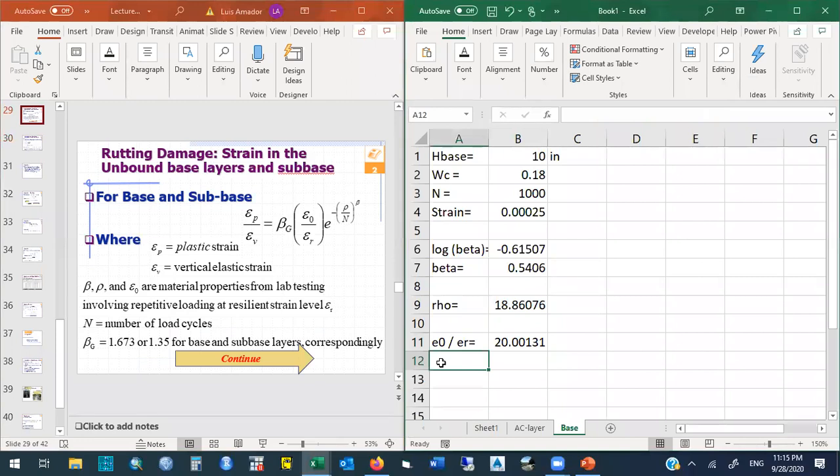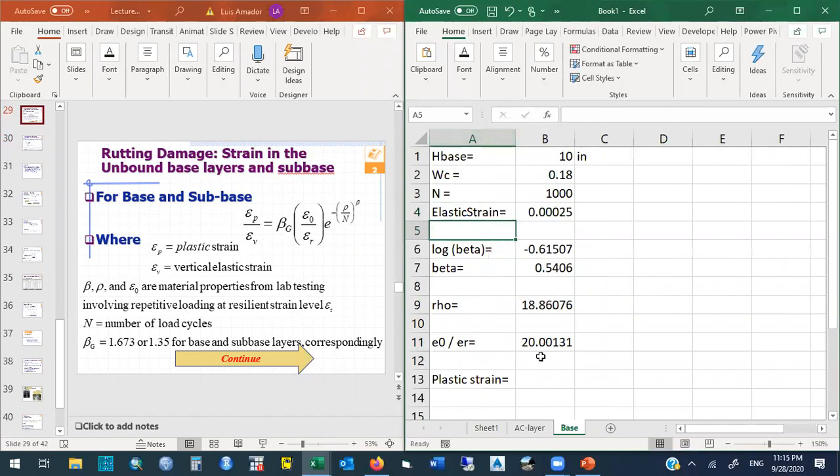And now the plastic strain is equal to the elastic strain. Sorry, I need to say this is elastic strain. So it's beta G. Okay, so I have 167 for base and 135 for subbase. So I'm just assuming it's a base.